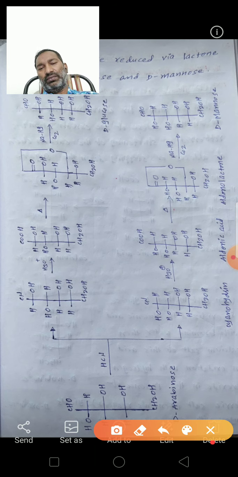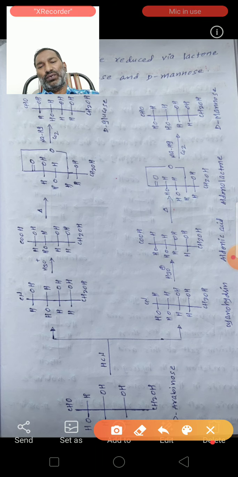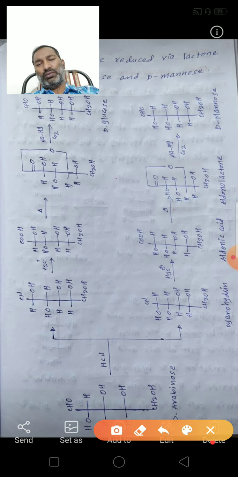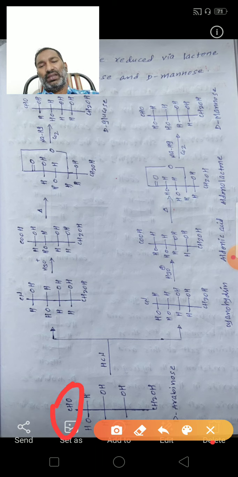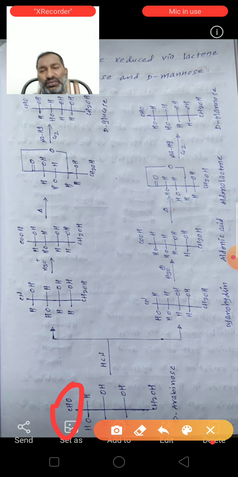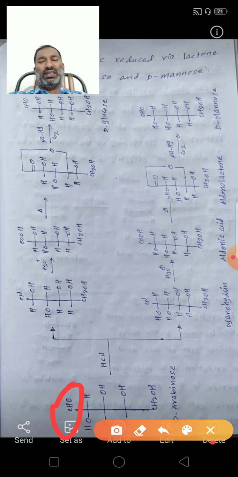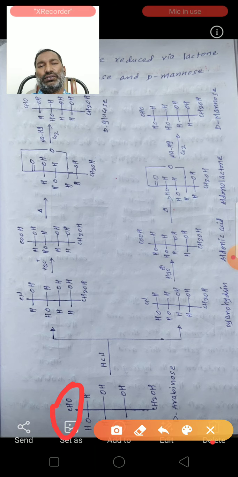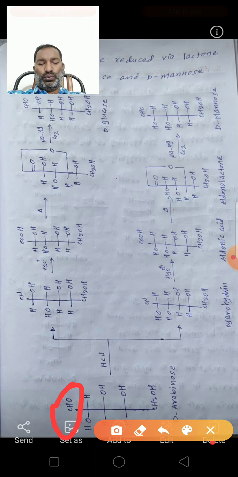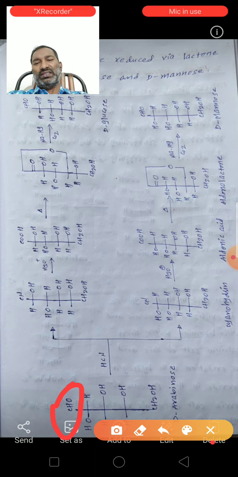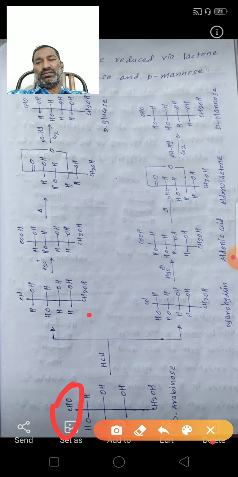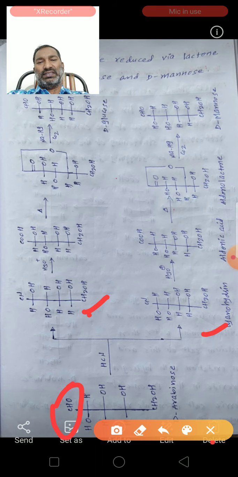Third carbon: OH is right, H is left. Fourth carbon: OH is right, H is left, then CH2OH. When it reacts with hydrogen cyanide, it forms 2 diastereomeric cyanohydrins. See here, this is one diastereomeric cyanohydrin, this is another.